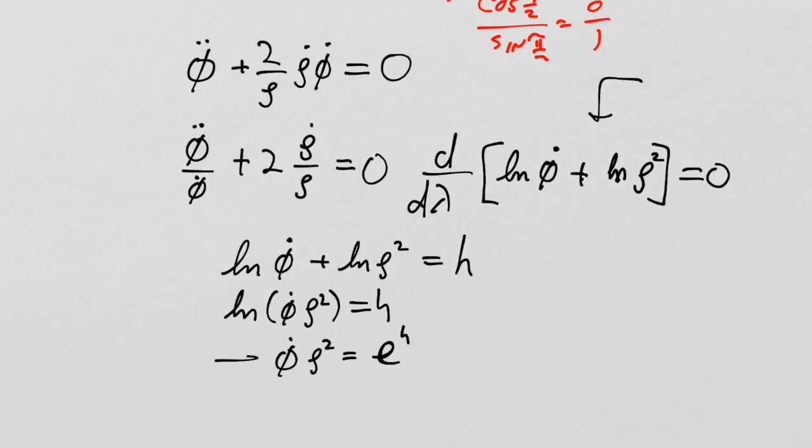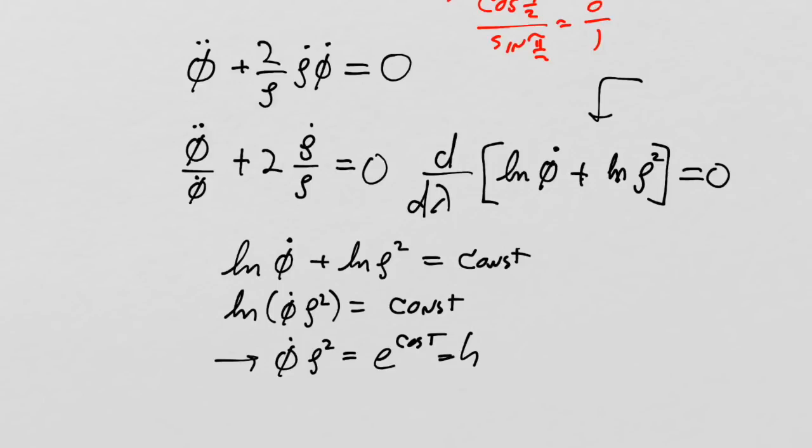Now, the truth is I want phi dot rho squared to equal h, so I introduced this constant too soon. I should have introduced not h, but just a constant, and then this is e to some constant, and we'll call that h.